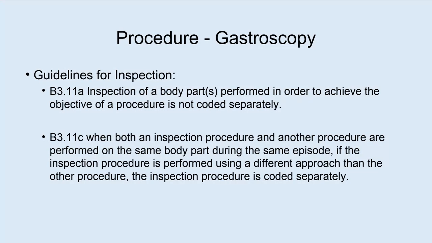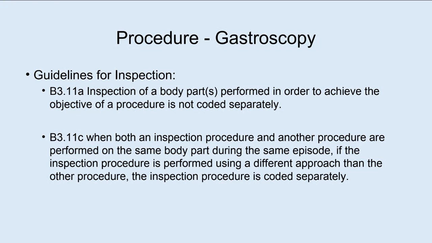This guideline means that if something else is done other than just looking around, you're not going to code the inspection separately. Think of a diagnostic colonoscopy when a polyp is found and then excised. So they're looking around with the colonoscopy, but they find something and that is excised. In this case, you code only for the excision of the polyp, not the inspection.